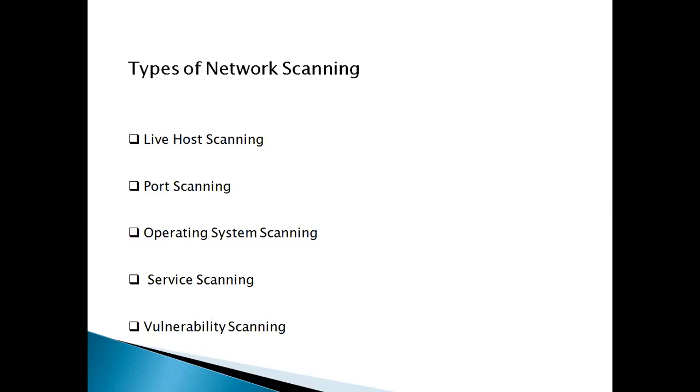Operating system scanning discovers the operating system and its version running on the target machine. Service scanning discovers the versions of the services running on the target machine. And vulnerability scanning discovers vulnerabilities on the target machine.